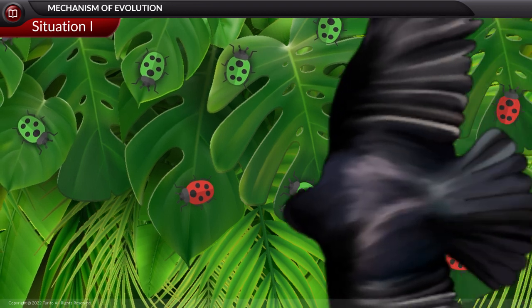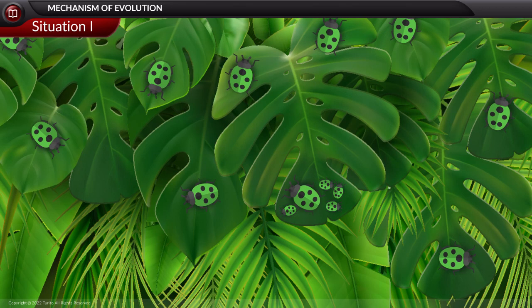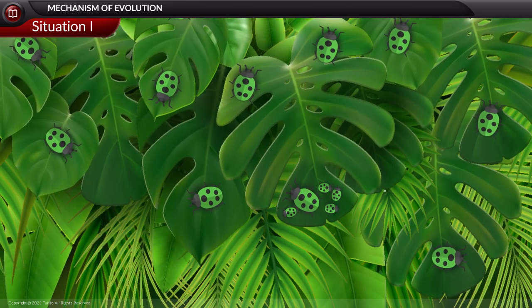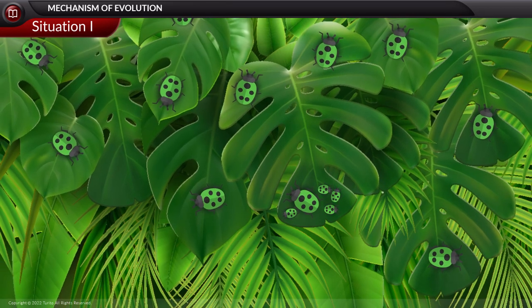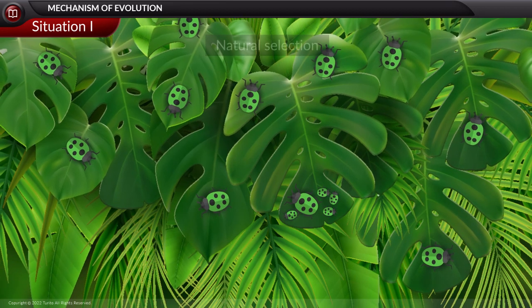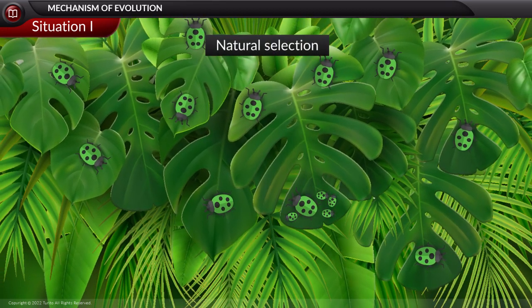But the progeny of red beetles continued to be predated by crows because they could be easily seen. Hence, only green beetle survived and was naturally selected over the red beetles, and this selection was exerted by crows. Natural selection is thus directing the evolution of the beetles.